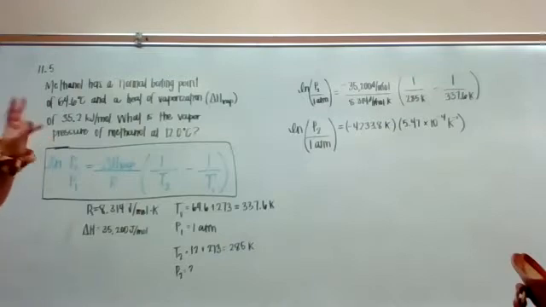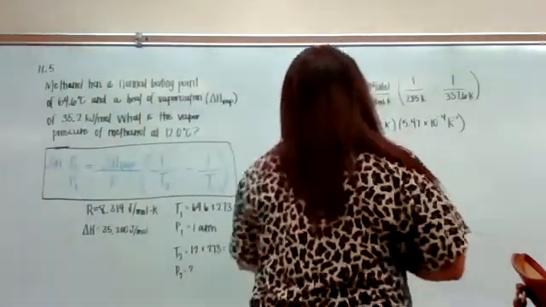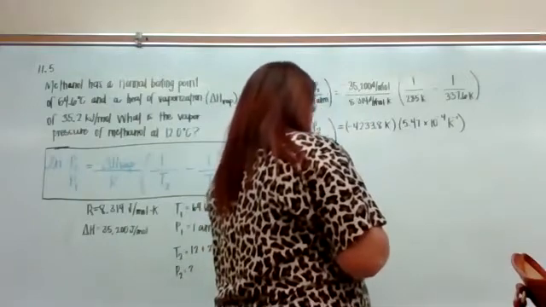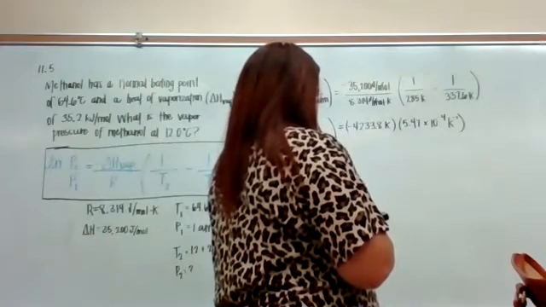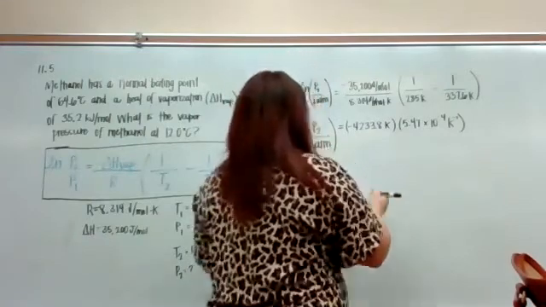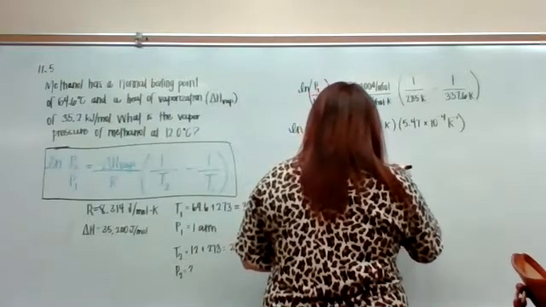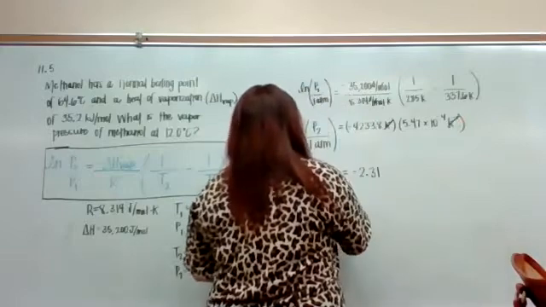Now I multiply these two together. Don't lose my negative this time. That's where I messed up in the lecture video. Units of Kelvin cancel.